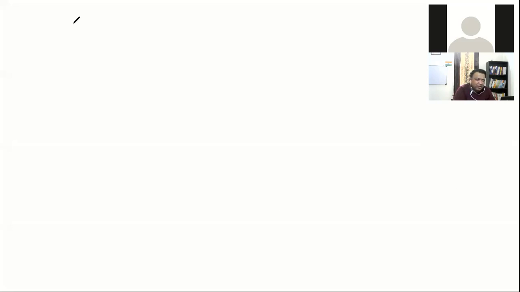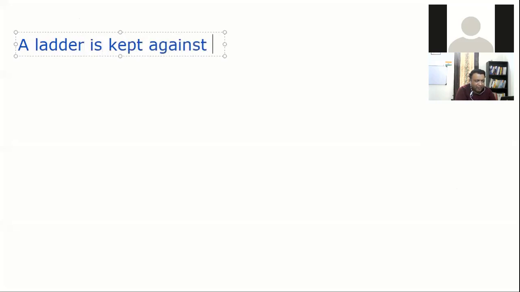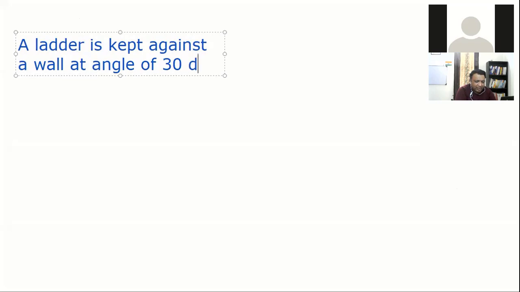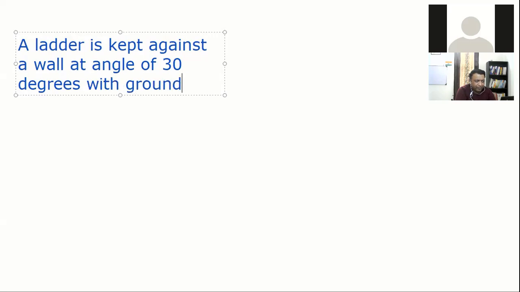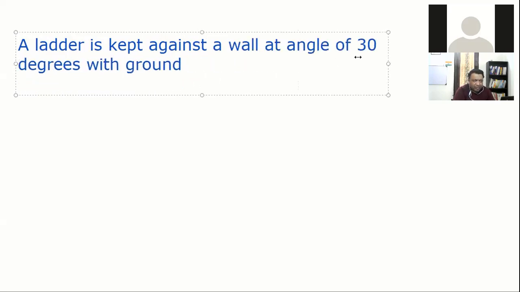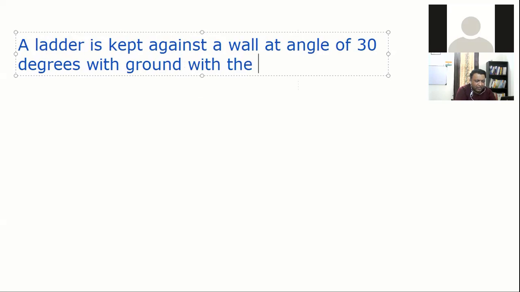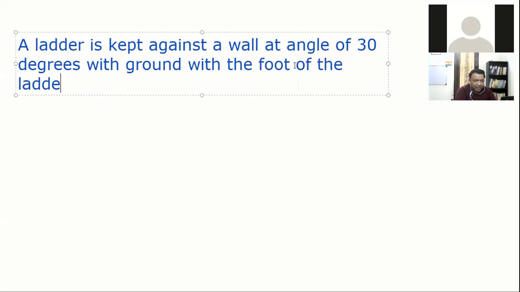I'll directly put up a question, a very easy one. Suppose a ladder is kept against a wall at an angle of 30 degrees with the ground, with the foot of the ladder 40 meters from the wall.